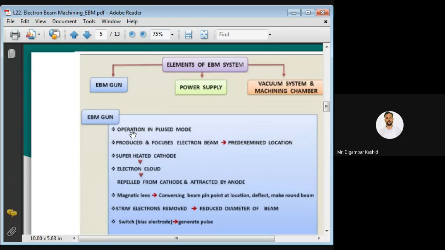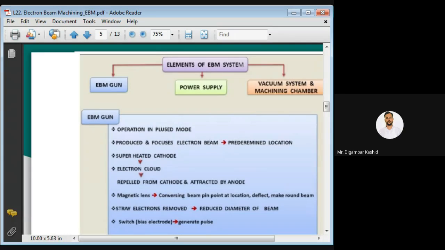Because of this heating, an electron cloud is generated surrounding your cathode, the filament. Because these electrons are negatively charged, they are expelled by the repulsion force of your cathode, and attracted toward the anode, as I mentioned, by the opposite charge.